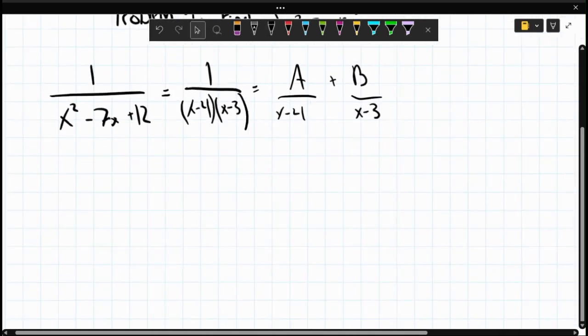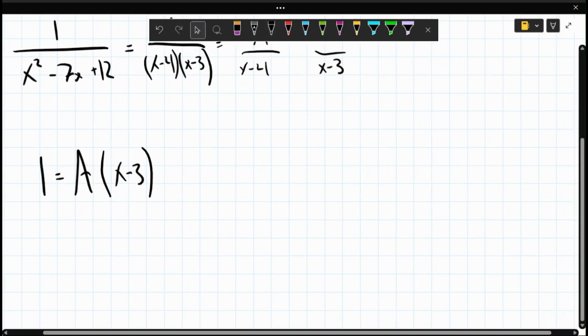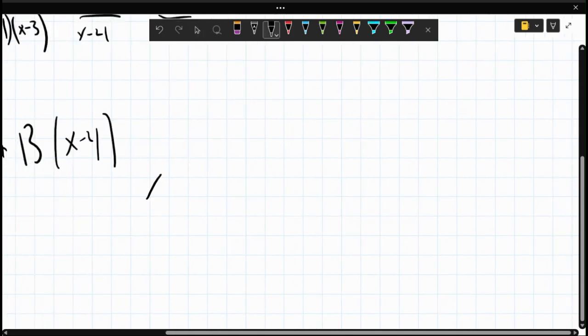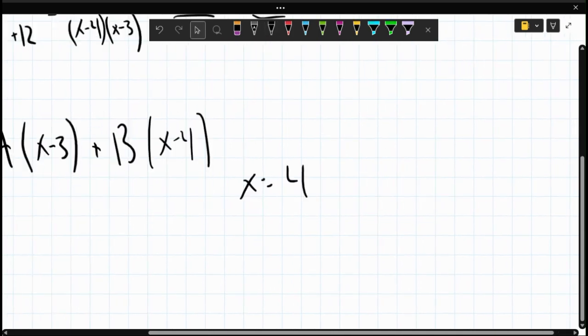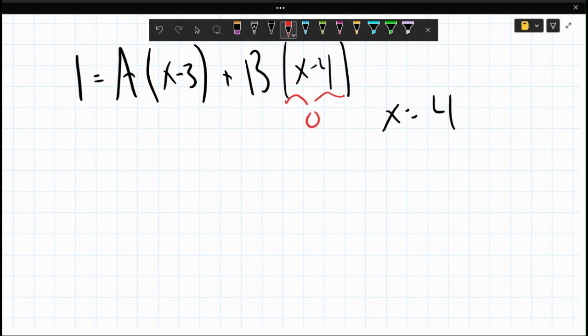You can now go here and say, all right, A times x minus 3 plus B times x minus 4, and just start subbing in values for x. We'll let x equal 4 for this first one, which if you plug in just makes this 0, makes this 1.